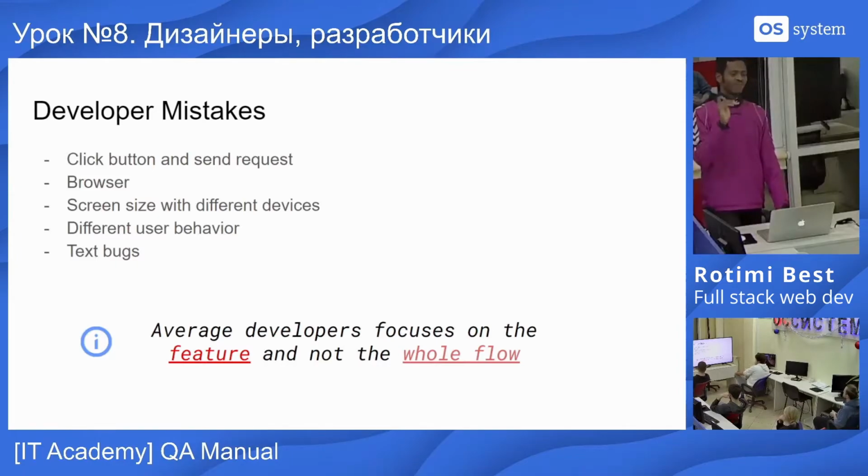Most developers focus on how the feature should work and not the edge cases and the whole application. They just think, this is the feature I should implement, and that's all. But your job is to take that feature and ask how it connects to the whole application. Does it break anything else? Because a new feature can break something in a different place of the application. So you have to make sure it doesn't break other parts of the application, right?